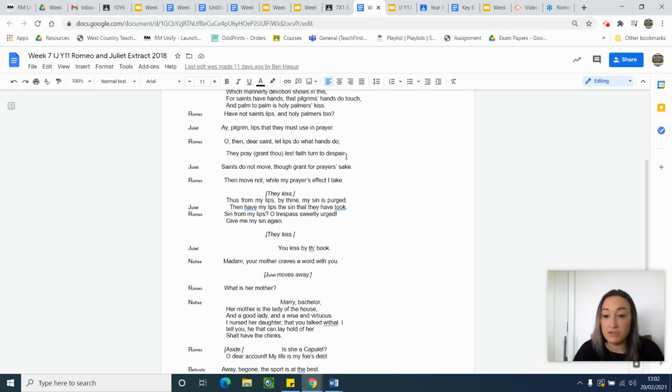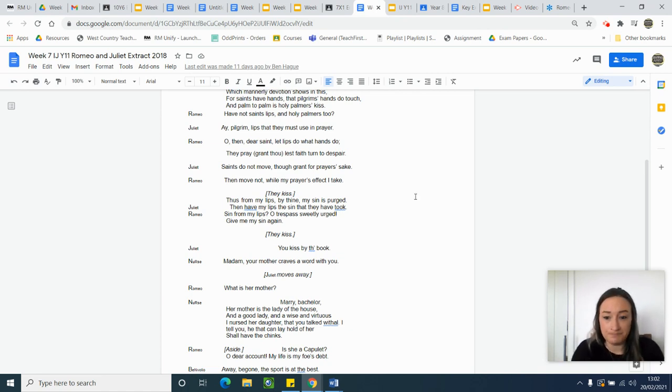Now, that conversation would have been very forward at the time anyway, but you can see those male and female roles kind of interplaying where he's doing the pushing, and she's saying, oh, I can't let you do that yet. And then she kind of opts out of making the decision by saying she's just going to stay still, basically. And then he says, "Then move not while my prayer's effect I take." So he's saying, I've prayed for this moment and now it's going to come true.